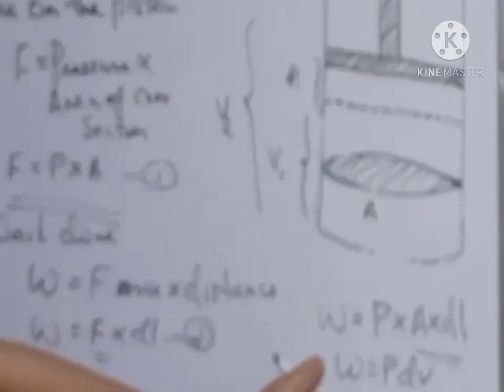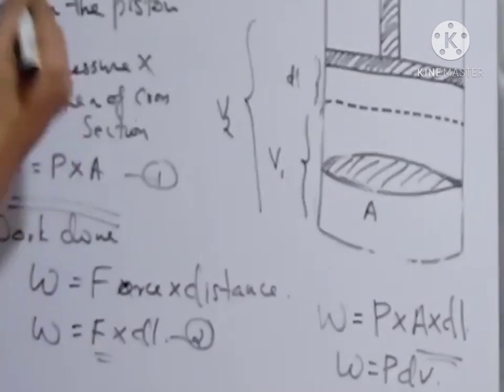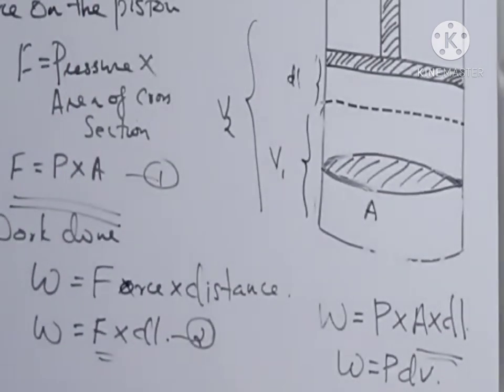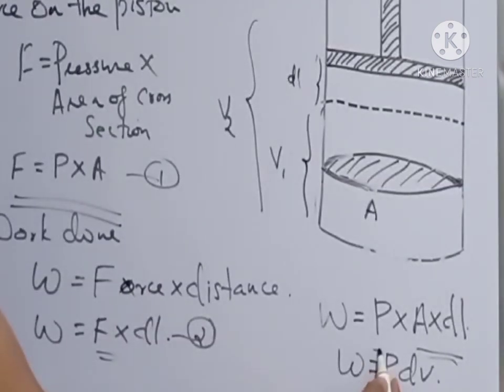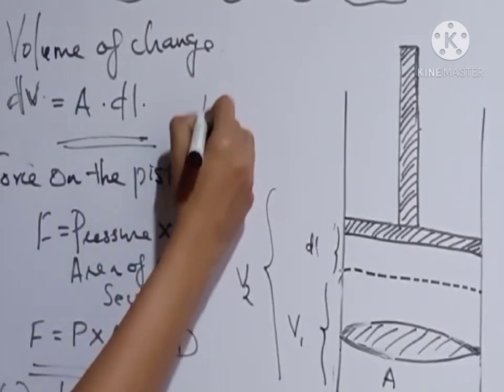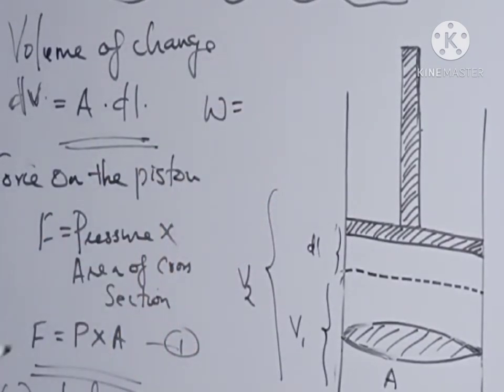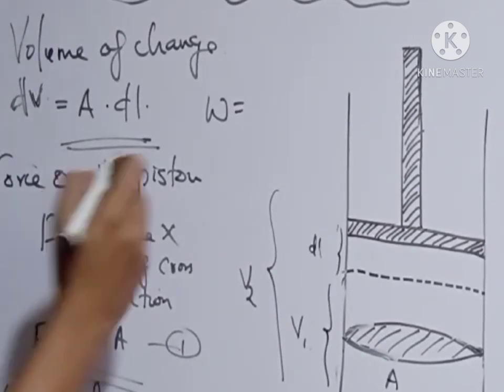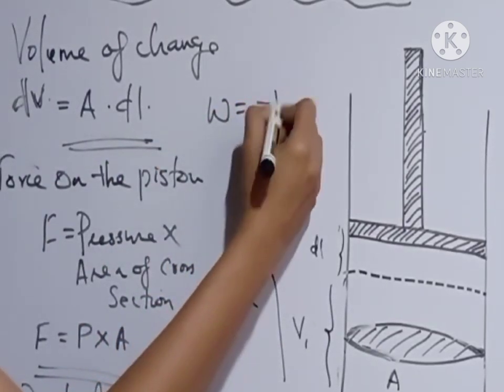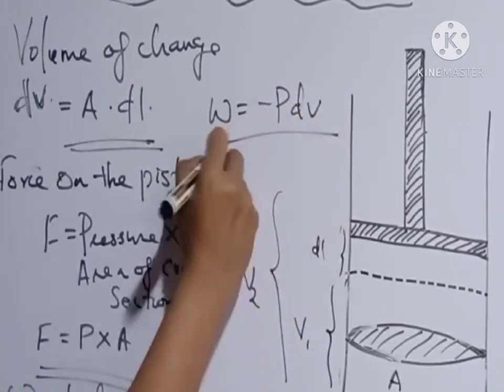Since the work is done by the system, the sign convention is negative, so W is minus P dV. So the work done when expansion occurs equals minus P dV.